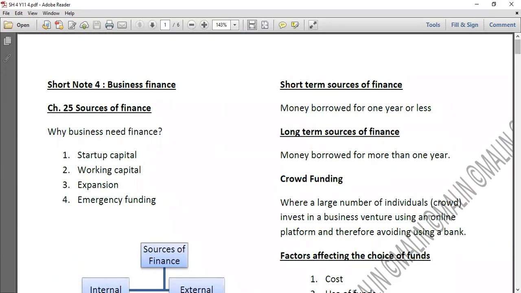I hope you enjoyed this lesson series from section 3, the sources of business financing. It's a good theoretical lesson, with more calculations as well as more technical material.